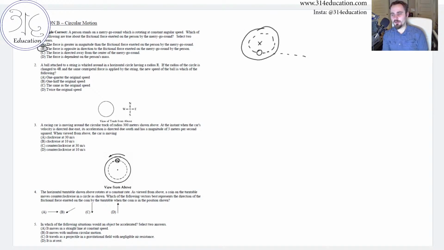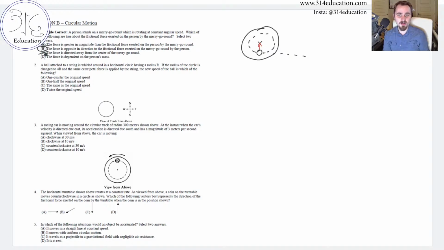These visible? Okay, these are all visible. I won't go too far over to the right here, but that's fine. And so the force pulling him inwards is that frictional force. So that means the force is acting radially inwards. And so it is not directed away from the center of the merry-go-round.